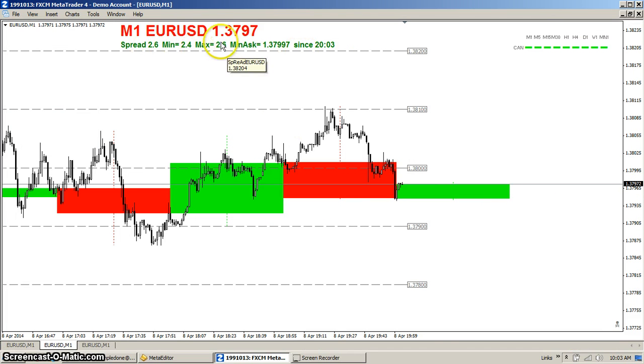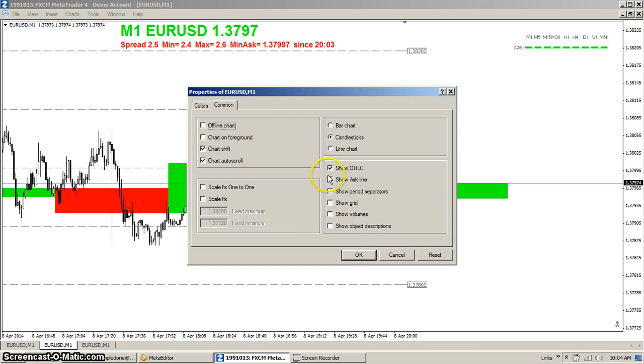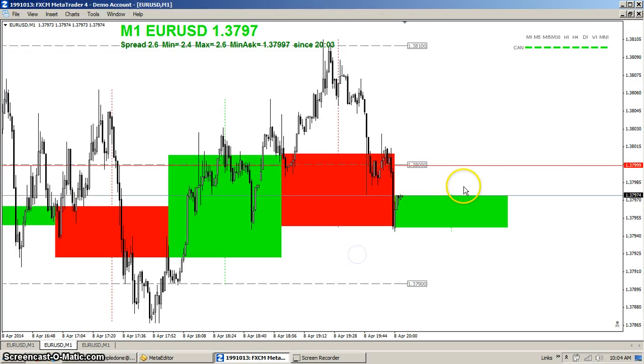And since they don't keep the bid and the ask in the data, this is all live. So it'll keep track of the minimum spread, maximum spread since you open that chart, and also the minimum ask. Because if you press F8, you can show the ask line. And it'll be right there as a red line, and your bid is a black line.